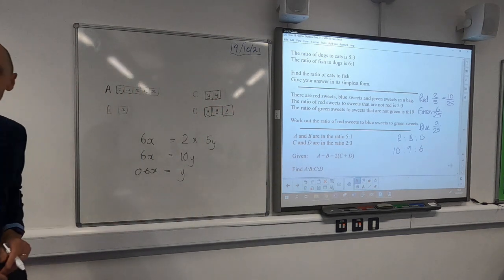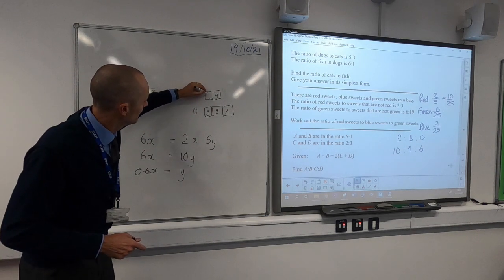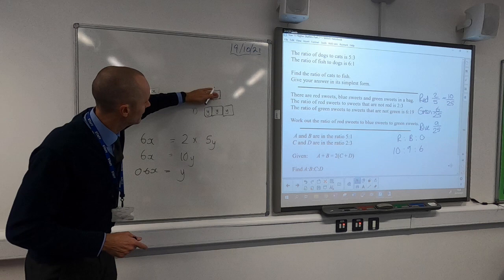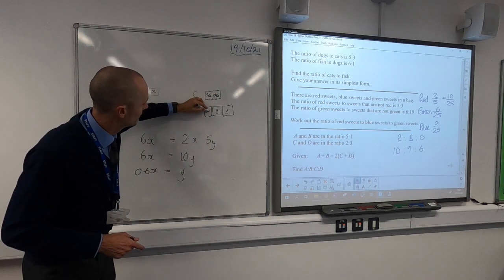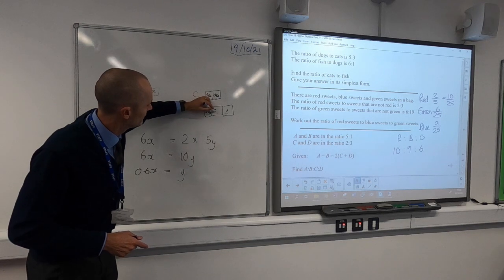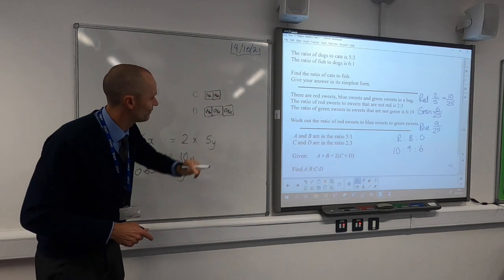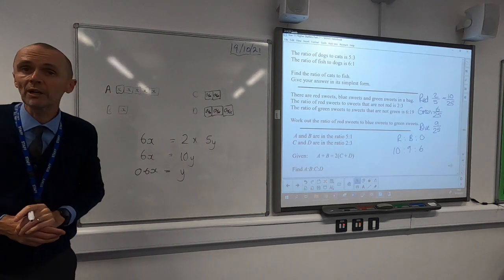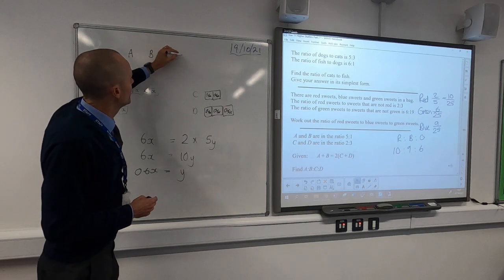So what that means is that each of these boxes is actually 0.6x. So what's the ratio of A to B to C to D?